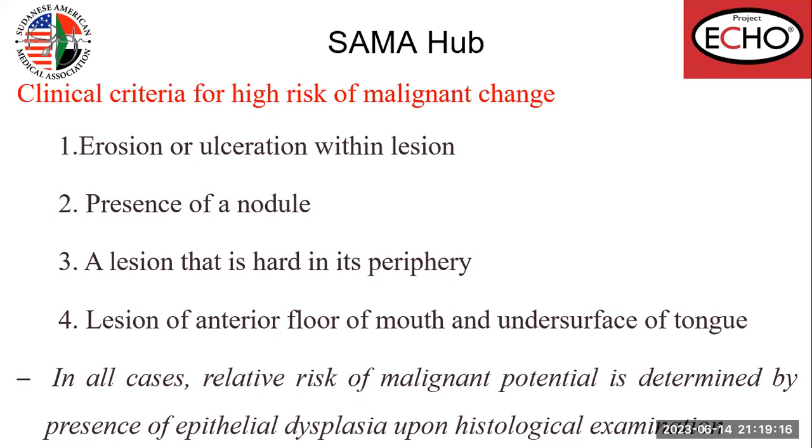In all cases, however, the relative risk of malignant potential is mostly determined by the presence of epithelial dysplasia upon histological examination. So there is no escaping the histological examination to be able to determine 100% that there is epithelial dysplasia. We will discuss epithelial dysplasia later on.